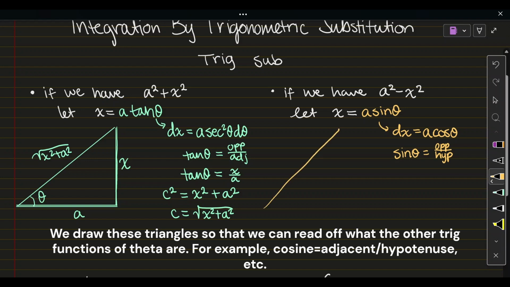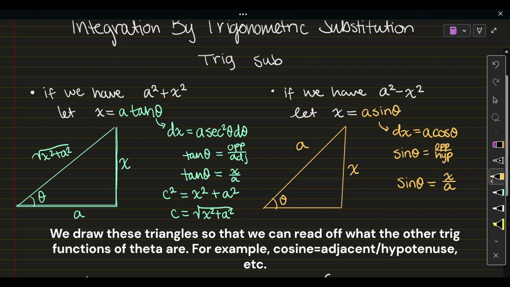So drawing my right triangle here when I let x equal a sine theta, remember not arcsine, but a sine theta, where a is just some number, we can solve and say that sine theta is equal to x over a. So that tells me that my opposite side is going to be x and my hypotenuse is a.